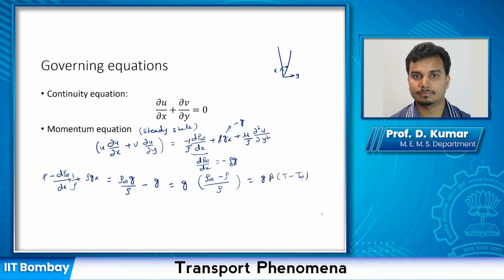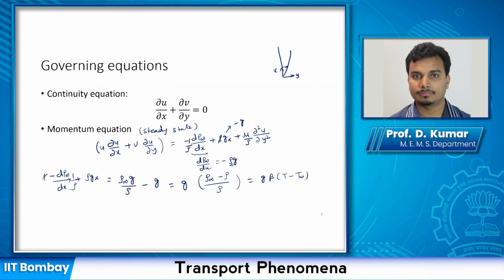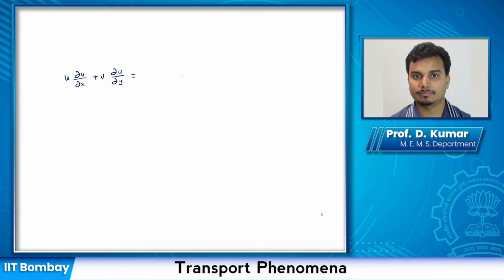Based on this, the left hand side will be as it is, we just took the rho to the right hand side. So this will be dou u by dou x plus v dou u by dou y, where u and v are of course the x and y components of velocity, and this is equal to these two terms, which is g beta t minus t infinity.